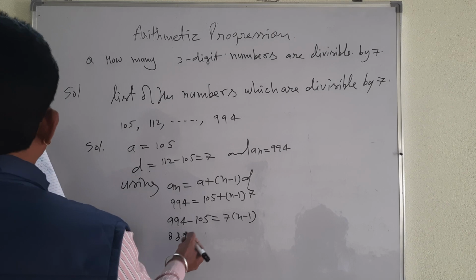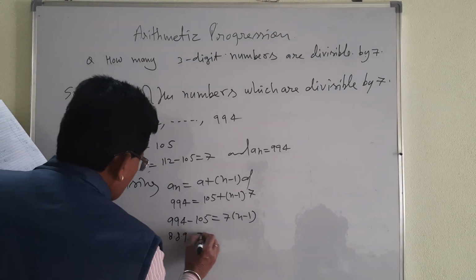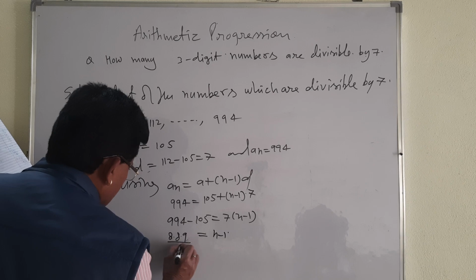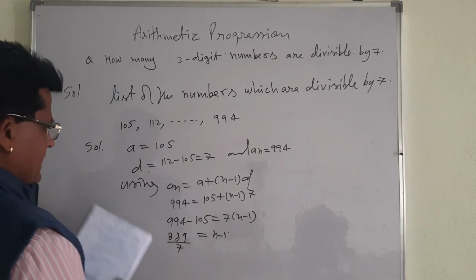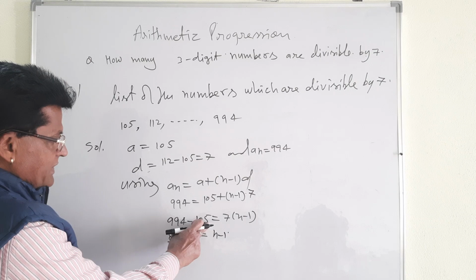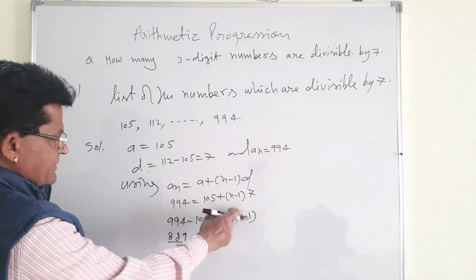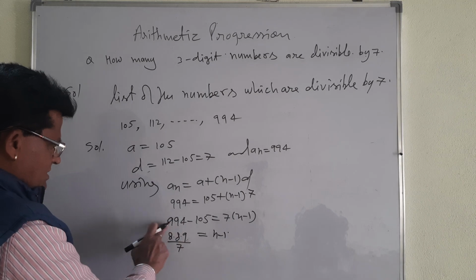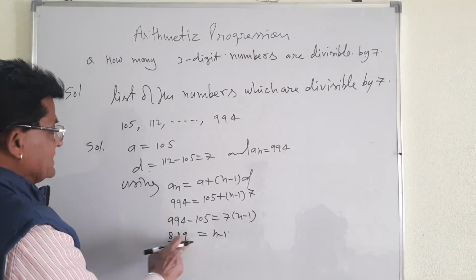889 will be equal to 7 into n minus 1, and divide this number by 7. I have taken 7 in the denominator, so you divide 889 by 7.